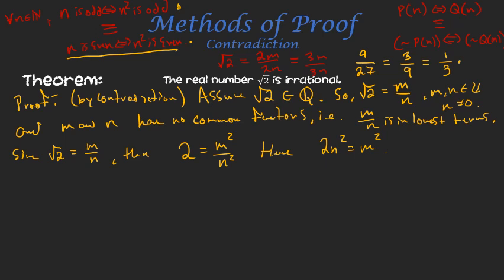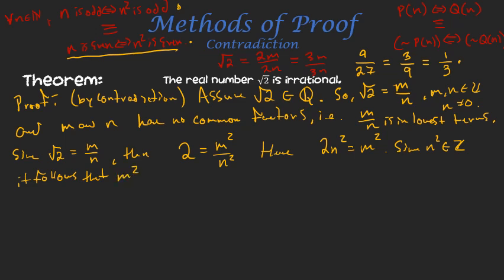All right, let's see. Can we conclude anything from that? Well, notice that I have m squared written as 2 times some other number, right? Since n squared is an integer, because n was an integer, it follows that m squared is twice an integer, hence it's even.